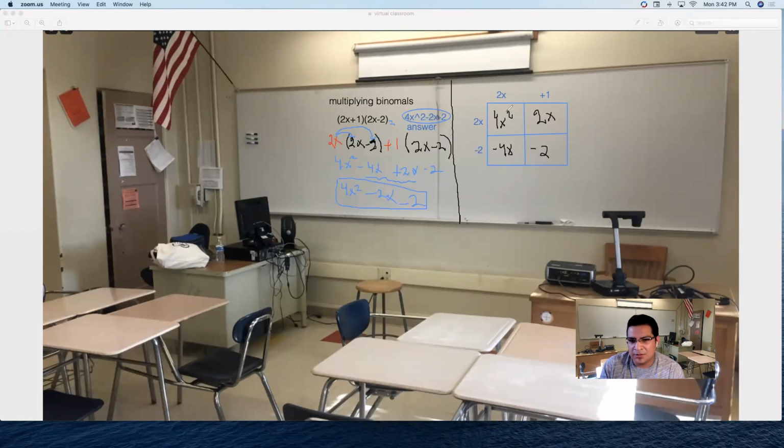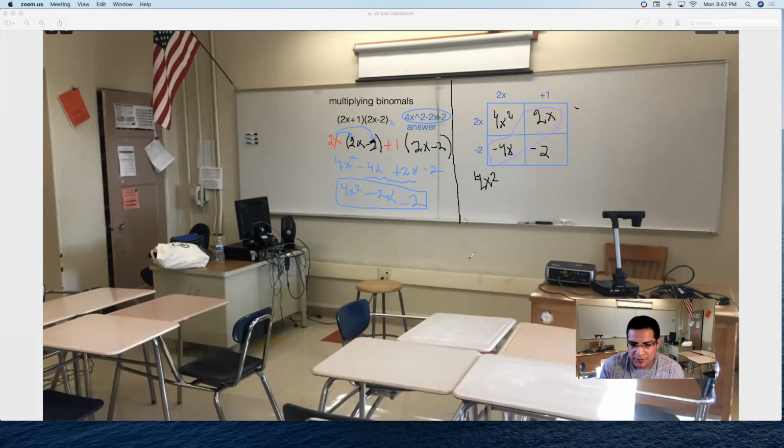Now I just get these terms out of the box. So 4x squared, combine these two here, right? So the two middle terms will be combined. In other words, the diagonal here, right? This diagonal here will be combined.